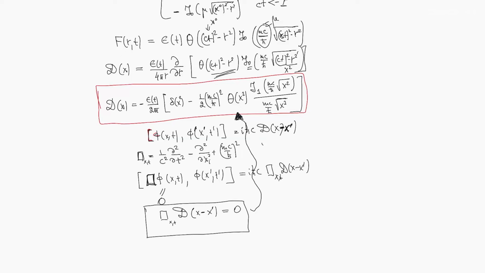As soon as points x and x' are space-like separated, so you can write this also as Δ(x,t) by putting x' to 0.